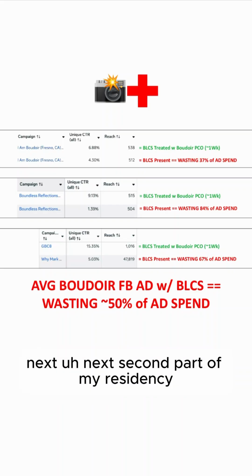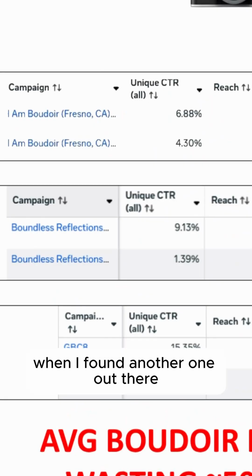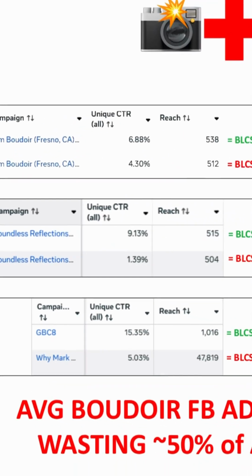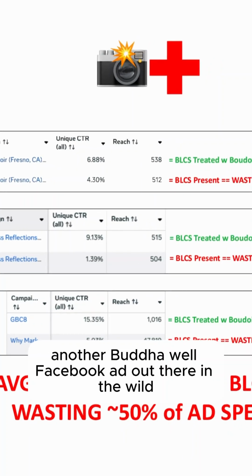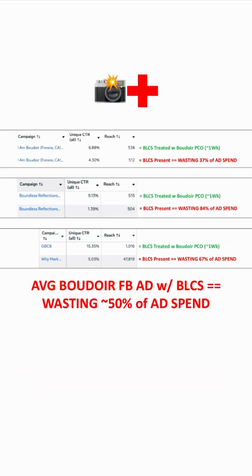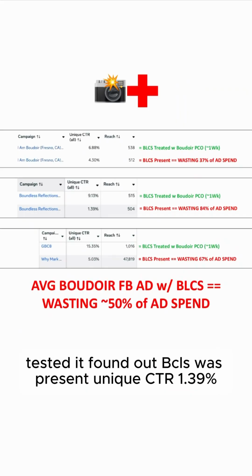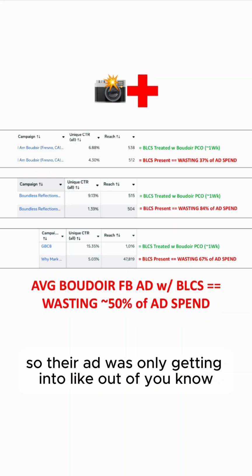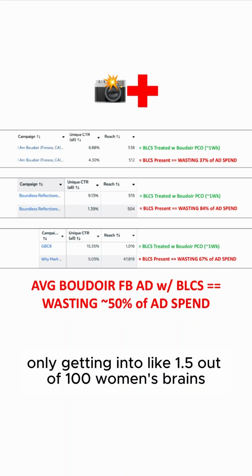Next, second part of my residency, I found another Boudoir Facebook ad out there in the wild, brought it back to the hospital, ran it, tested it, found out BLCS was present, unique CTR of 1.39%. So their ad was only getting into 1.5 out of 100 women's brains.